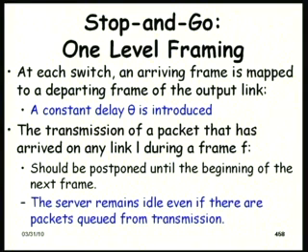Even if there are packets that have got delayed and nothing is getting transmitted on the link, it just waits for the next frame to start. So, a packet that comes in one frame can get transmitted only in the next frame, and till that time it idles, and then once the new frame starts, it has to wait till the portion of the time that has been allotted for that connection and then get transmitted.